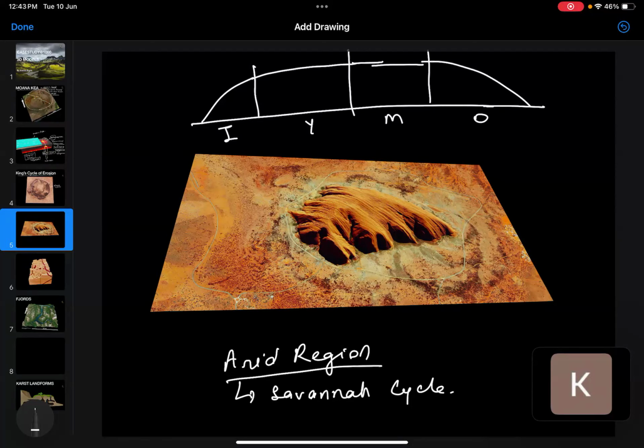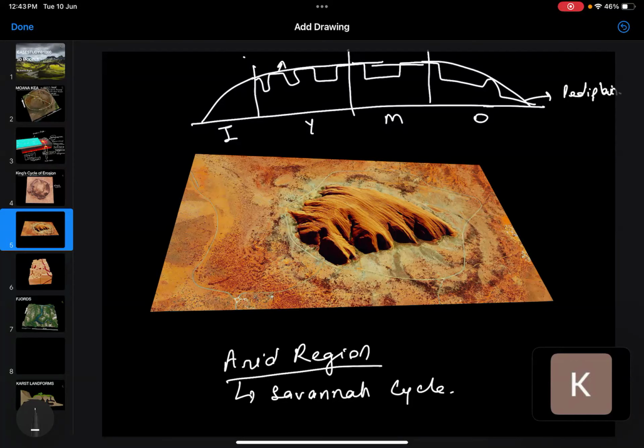Under the initial stage, it is following the deficient model. Therefore, there is no erosion. But as it enters the youth stage, here we'll be seeing the development of pediplains. The development of pediplains occurs simultaneously. Okay, here the development of pediplain is taking place.